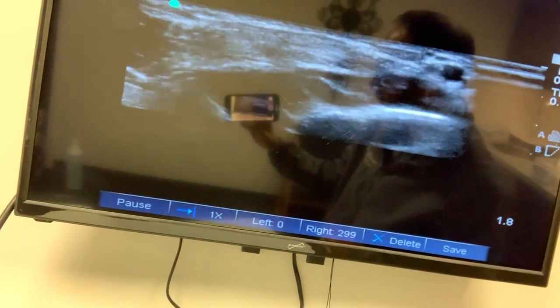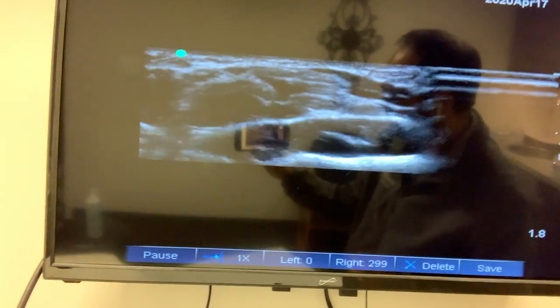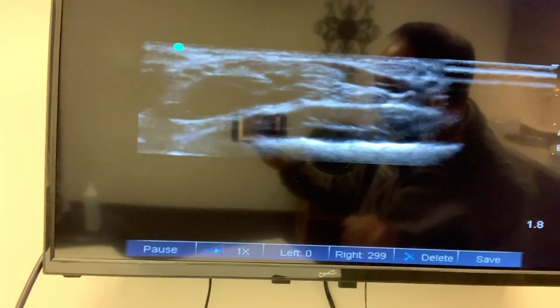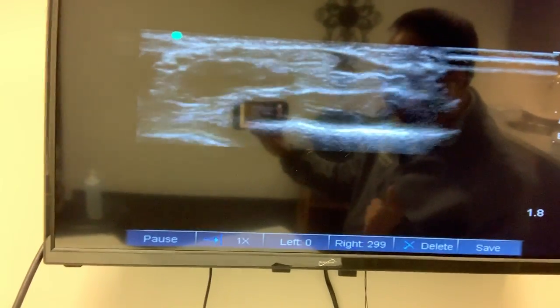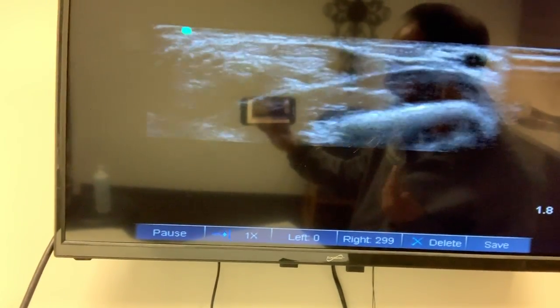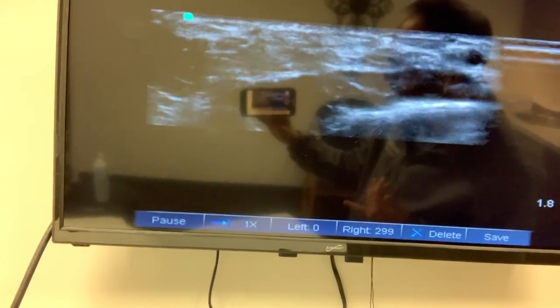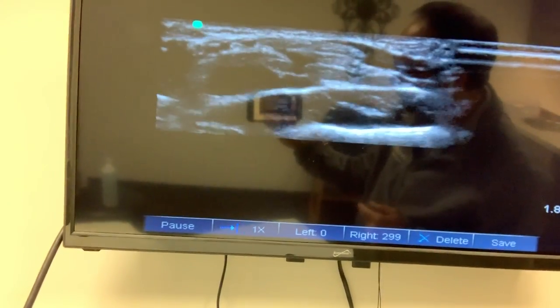One of the things that we do in our office is we've got ultrasound, which is a live visualization of all of the tissue, from muscles to tendons to ligaments to nerves, all the way down to bone. You can see the contour of bone by looking at an ultrasound.